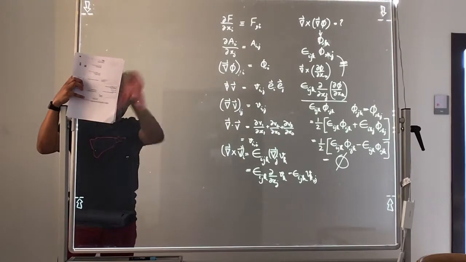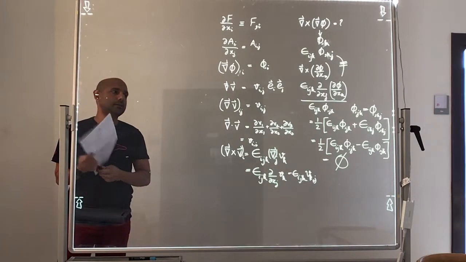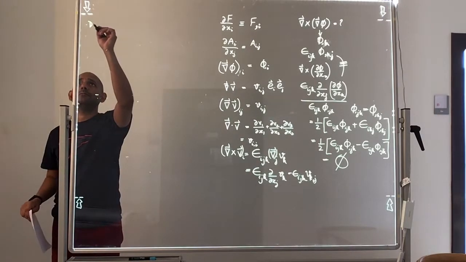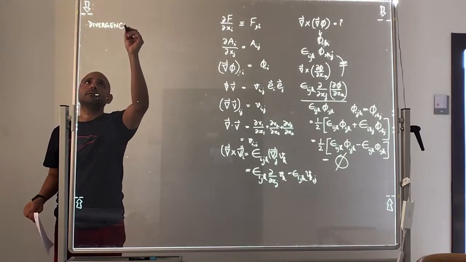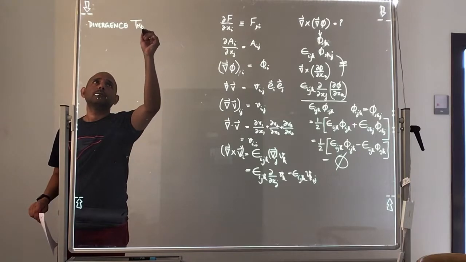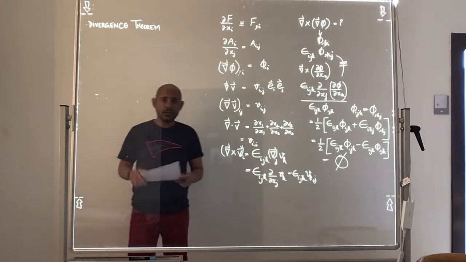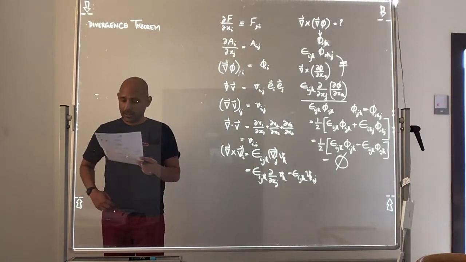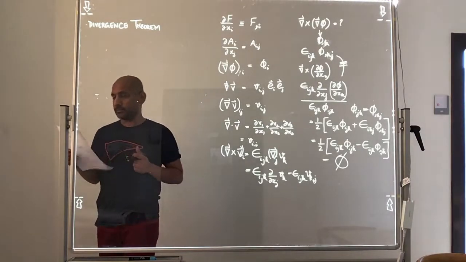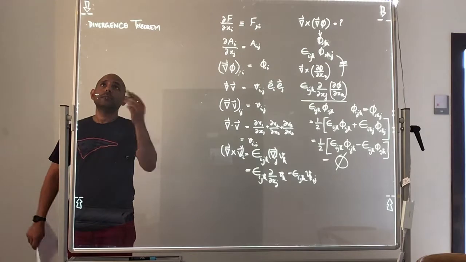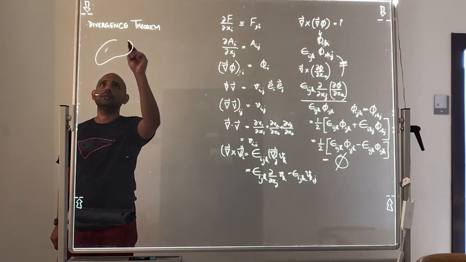What do we need? Well, it's called the divergence theorem. Sometimes it's called the Green-Gauss-Ostrogradsky theorem, etc. Okay, so the theorem, well, for theorems you sometimes need a pretty diagram, so I'll draw a nice little potato.